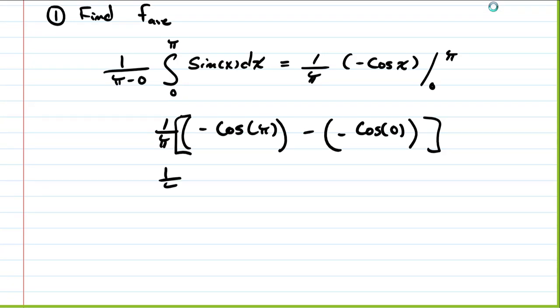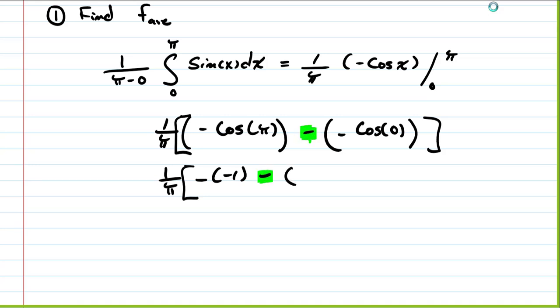So we get 1 over pi times negative, and the cosine of pi is negative 1, minus the cosine of 0, so this minus is this minus, just to be clear.